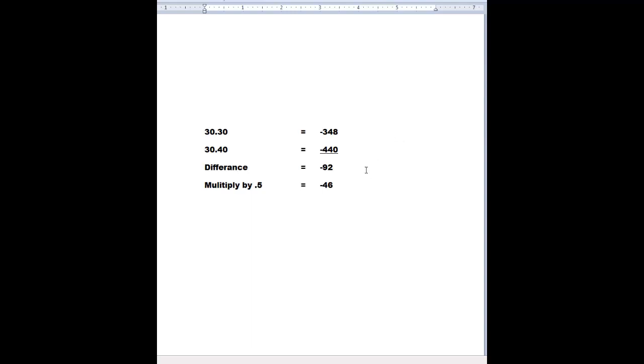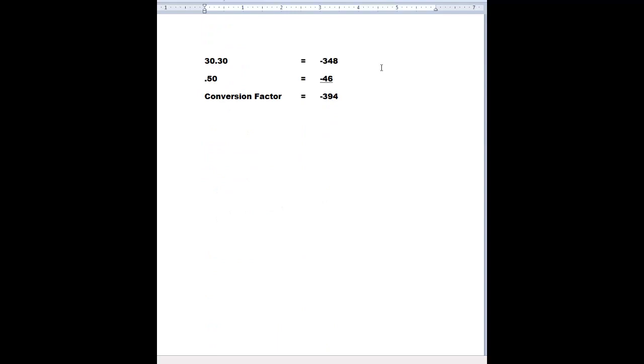The difference is 92 feet. If we multiply this by 0.5, or 1/2, we come up with negative 46 feet. So we take 30.30 of negative 348 feet, we add another 0.50 to it, which was negative 46 feet, and we come up with a conversion factor of minus 394 feet.